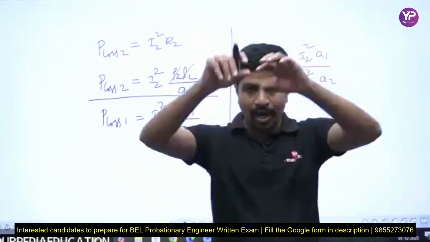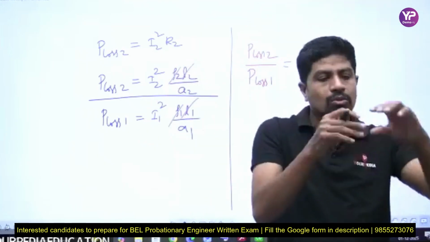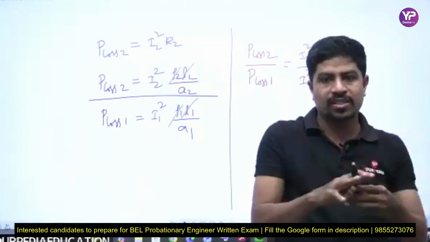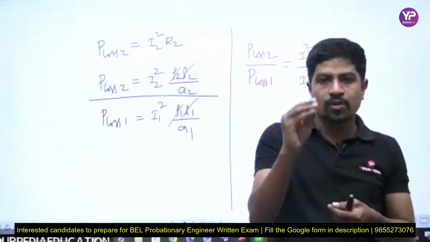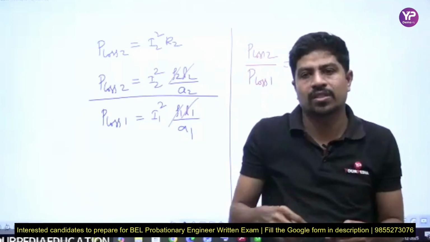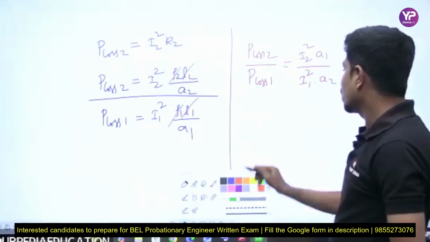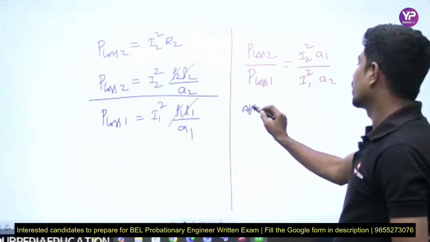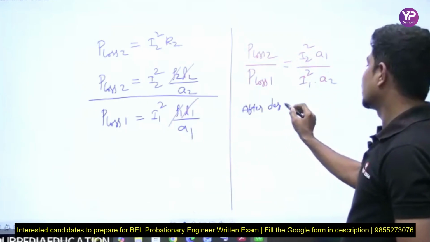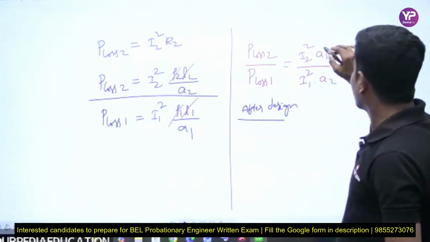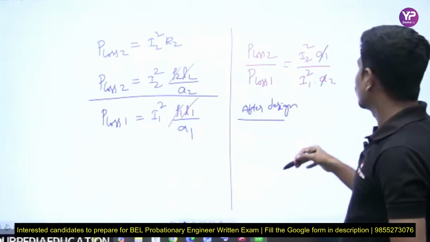Length, area, material, everything is fixed. You can change voltage, power, current, but not the area of cross section once designed. After design, A1 and A2 are gone.